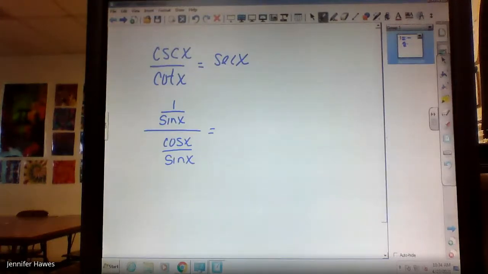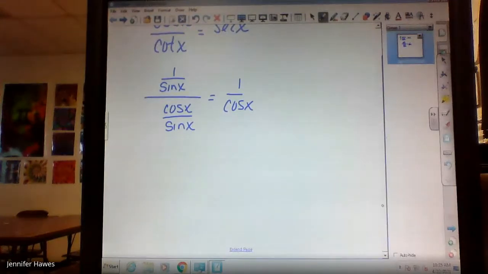If you want to change it to 1/cosine, I don't really care. I'm doing 1/cos. Okay, so when it comes to that, it's not really gonna matter.